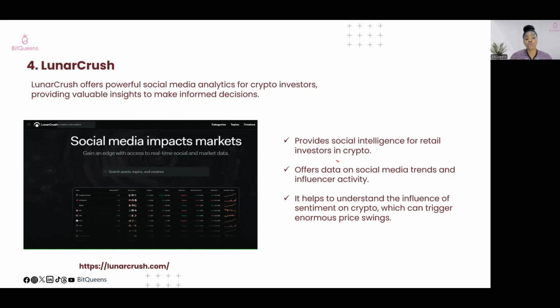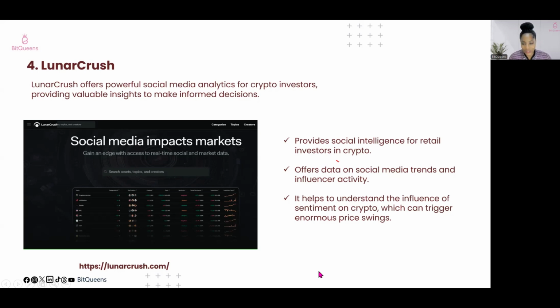Some will require you to pay certain subscriptions to unlock more features so that you get better value from the tools. So bear that in mind. Some of them are quite friendly in terms of how much you have to pay, while some are a bit on the high side. So you have to sift through all this to get the one that suits your investment goal.